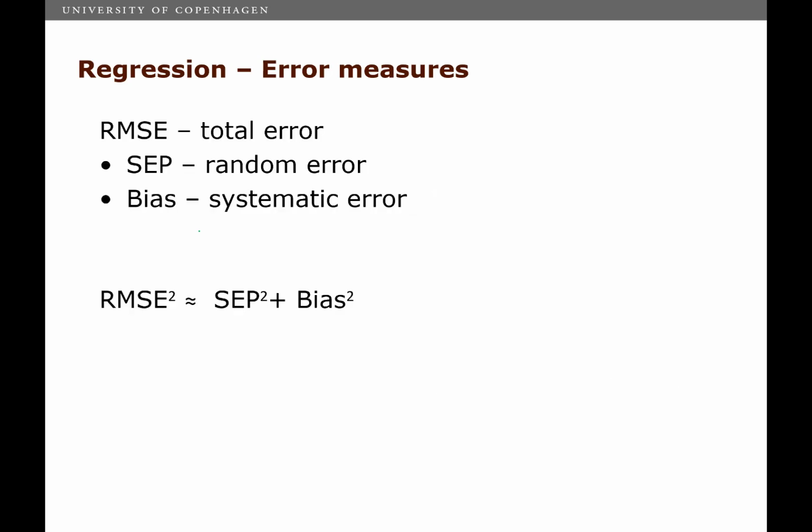Sometimes we separate this error into a random part and a systematic part, the standard error and the bias. And we can approximately say that the total error, the root mean squared error, is just the bias and the standard error, squared, summed together.